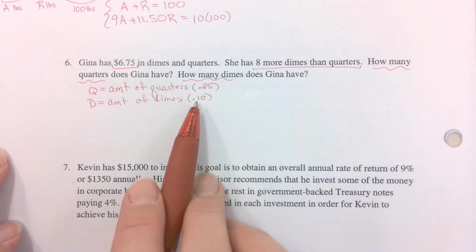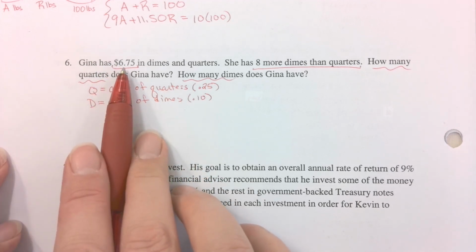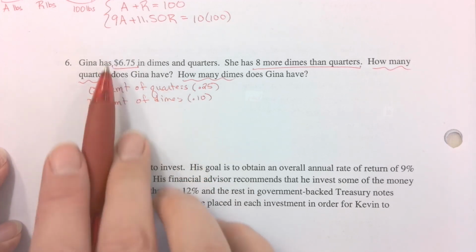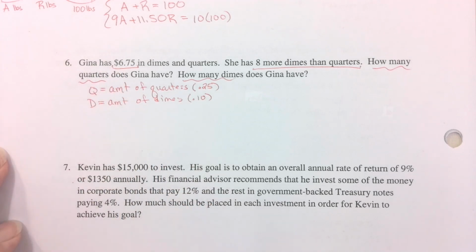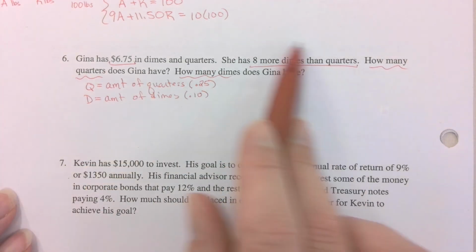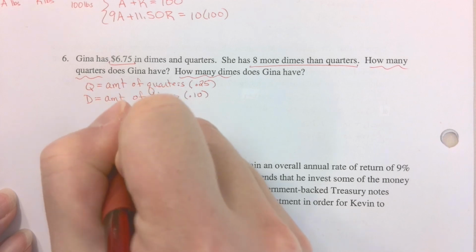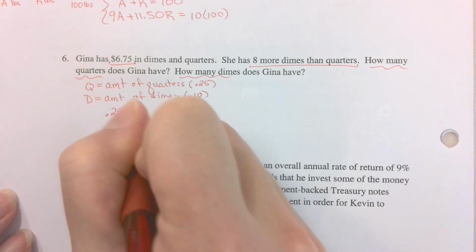And that's going to help me because a lot of people want to say that Q plus D is 675. 675 is the value, right? Q plus D is the total coin count. So if Gina took her piggy bank and opened it up and we counted how many coins she has, 60 coins, then Q plus D equals 60. Nowhere does it tell us how many coins she has. So this 675 comes from the value of each quarter times the quantity.